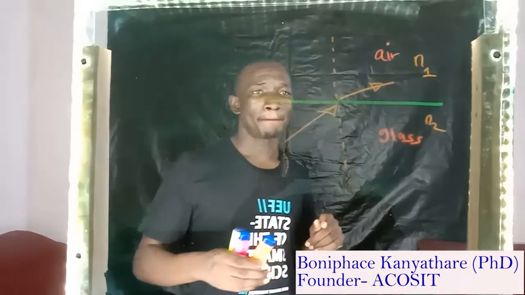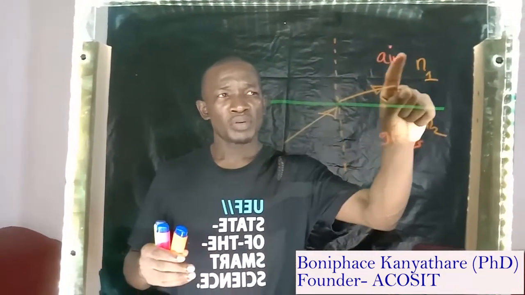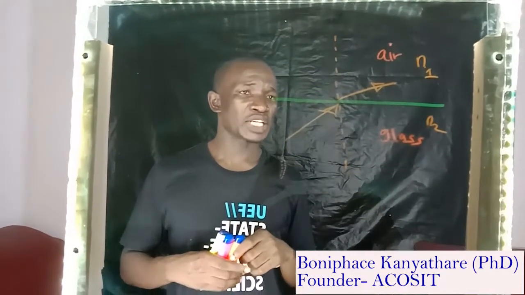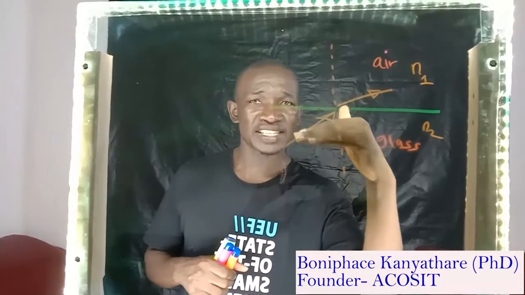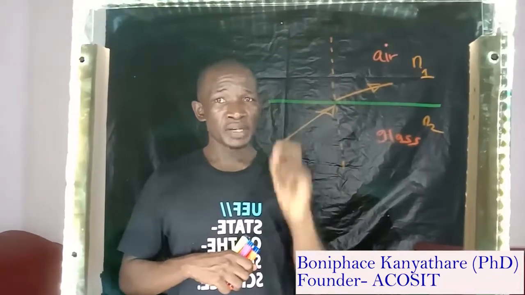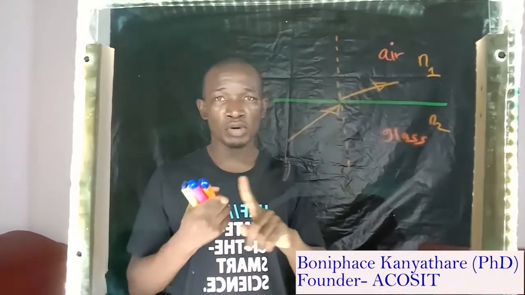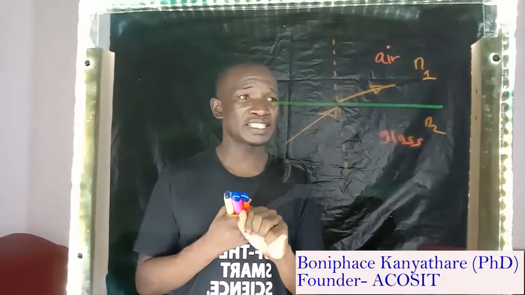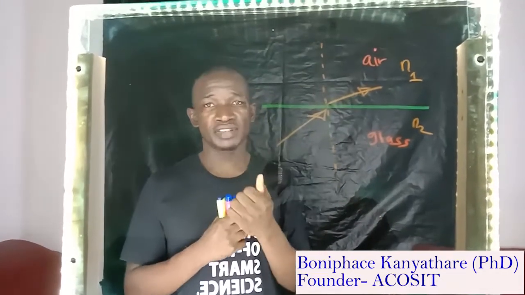Now, I've said one of the most important things here that actually dictates refraction is the so-called refractive index. Each medium affects light differently. We talk about glass. The way glass affects light is different from the way a surface like a wall affects light.